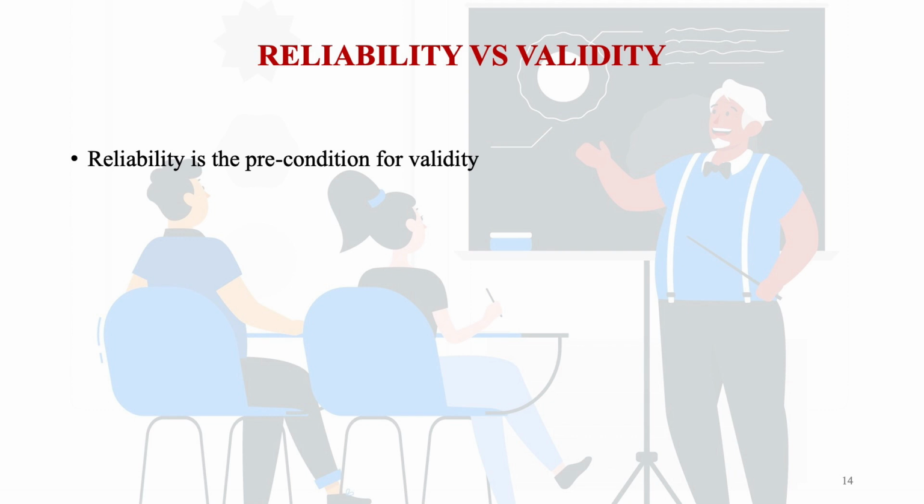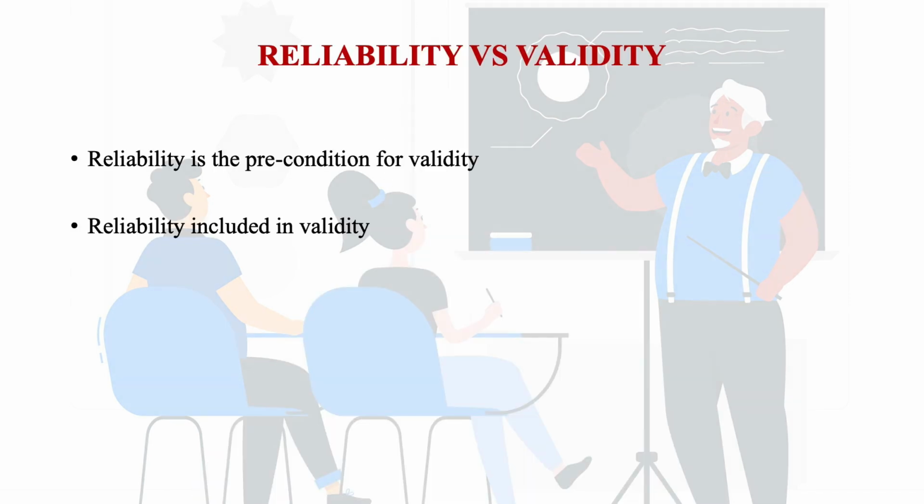It means a reliable tool may or may not be a valid tool, but if a tool is valid, then definitely it is also reliable. For further understanding, I can say that reliability is the precondition for validity. Directly you cannot go to establish validity. Validity is the further criterion, but the earlier criterion is reliability. That's why reliability is the precondition.